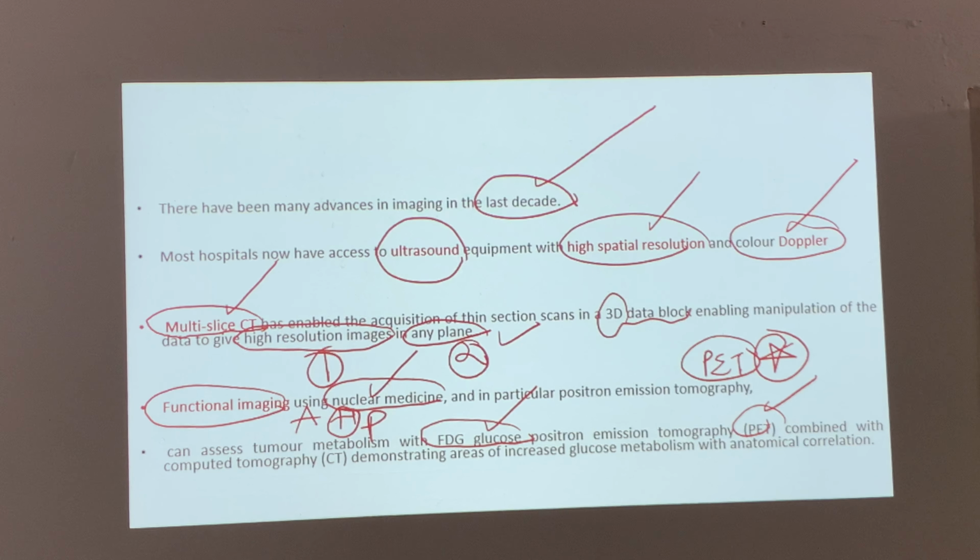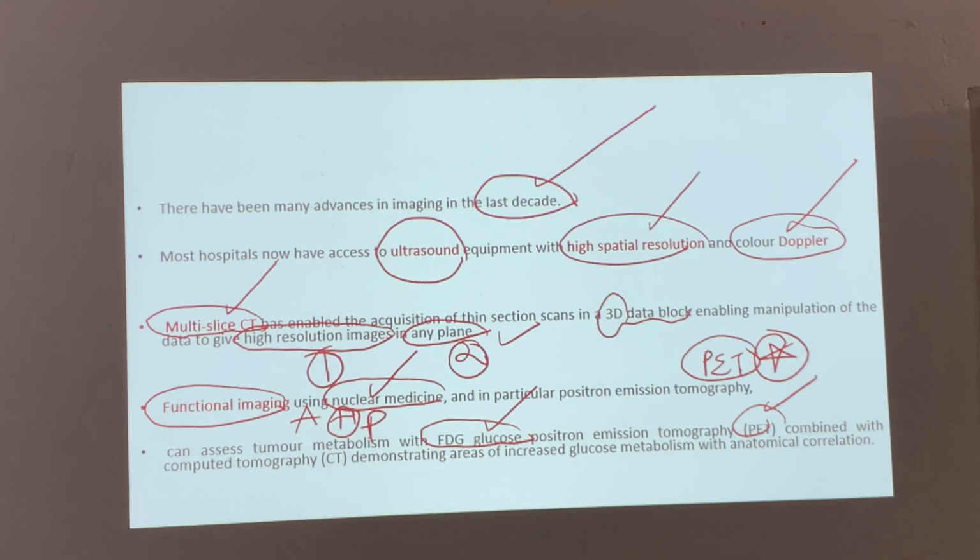So fluorodeoxyglucose PET scans are combined with CT scan. FDG helps us in physiological understanding, CT scan helps in anatomical understanding. So we have an idea of increased glucose metabolism by the cancer cells along with the anatomical correlation. So we have a physiological scan plus an anatomical scan so that we can understand the organ as a whole.